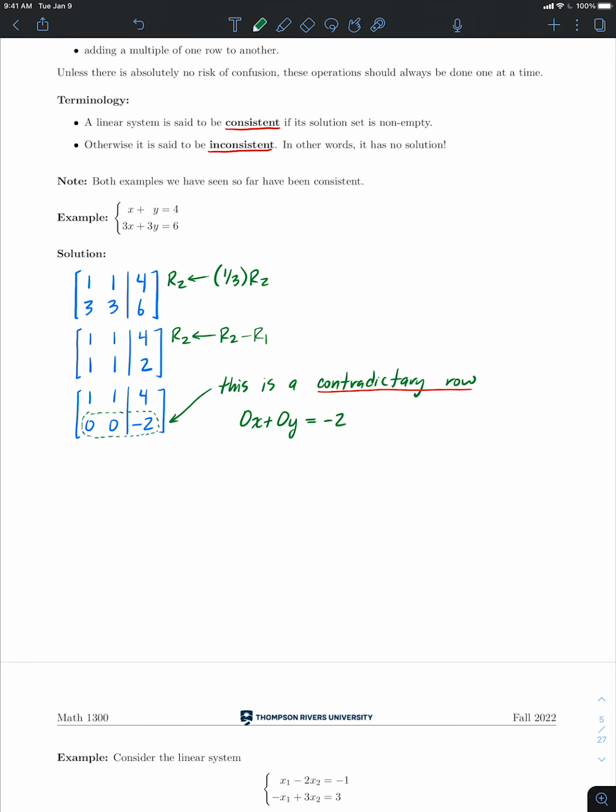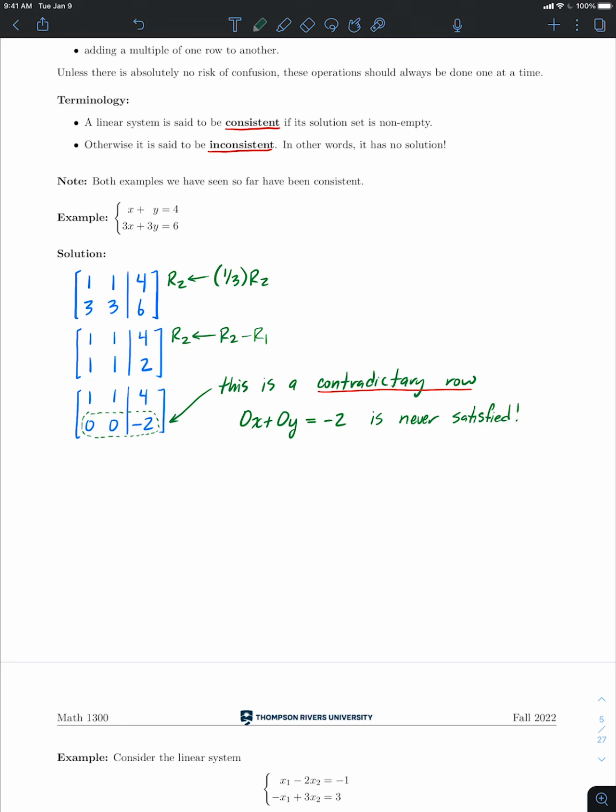No matter what you assign to the variables x and y, the left-hand side is always going to be 0, because both of those variables are being multiplied by 0. So the left-hand side is always going to be 0, and if the right-hand side is negative 2, well, that equation is never satisfied.